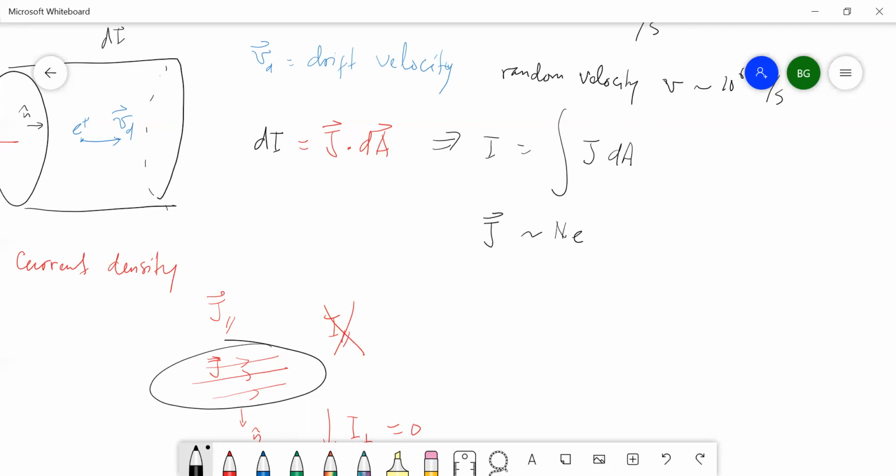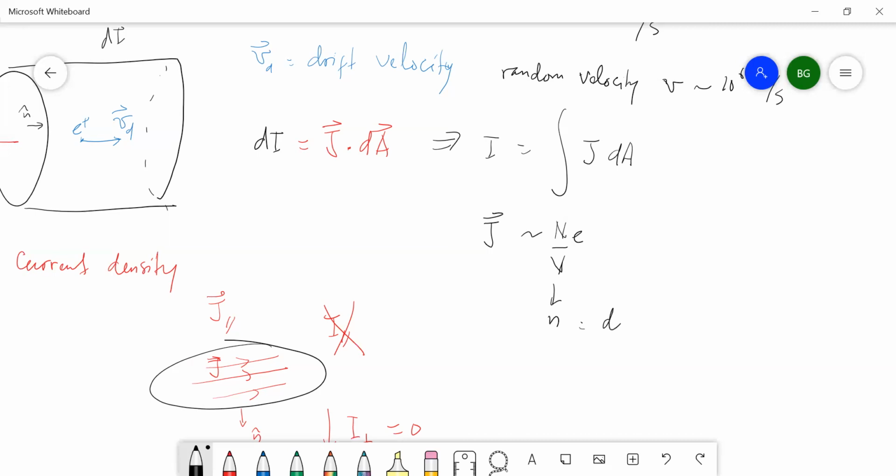It is very difficult in reality to measure how many charges flow through the conductor. So usually we only consider the density, the density of the number of charge, okay? We call it this little n here.